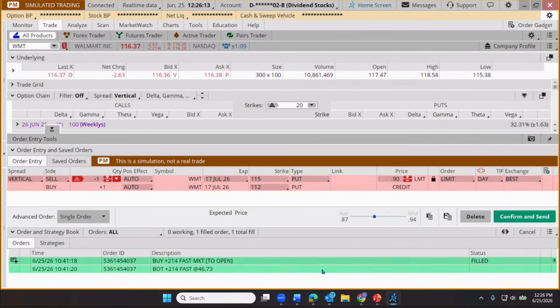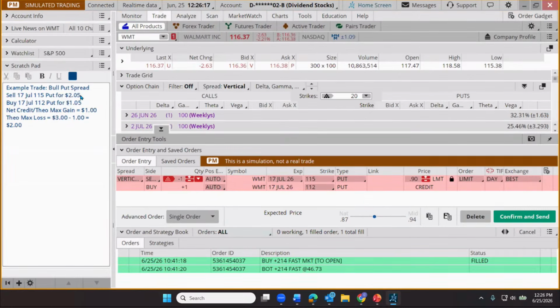So instead of $1, let me just modify my math a little bit. Let's say we only get $2 instead of 205, and we have to spend $1.10 instead of just $1.05. That would give us our net credit. Looks like that's what it might be at this moment, of 90 cents.